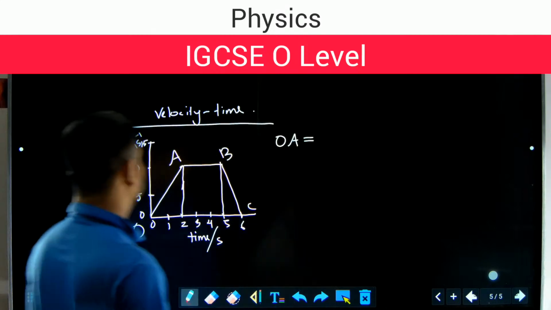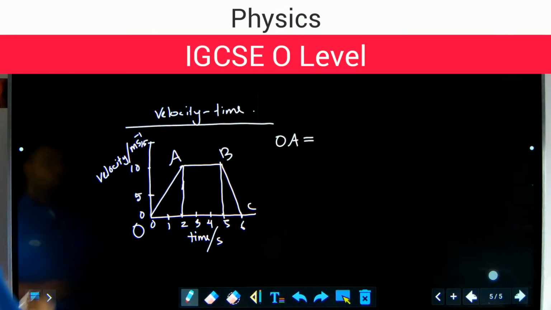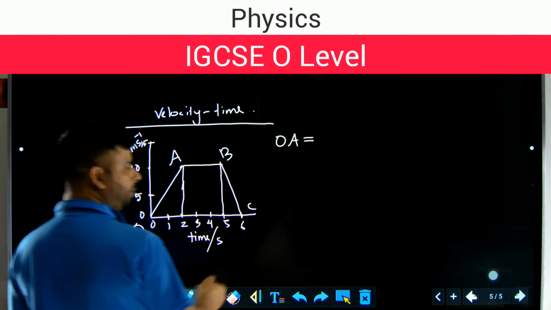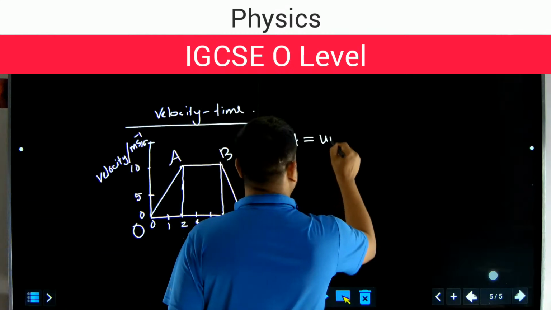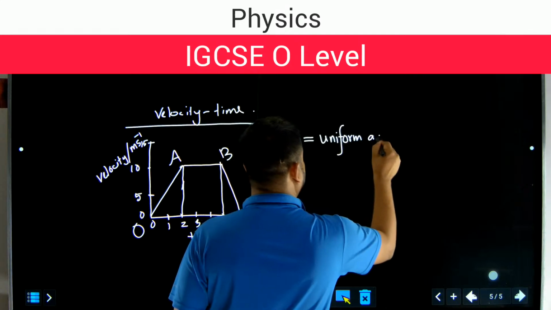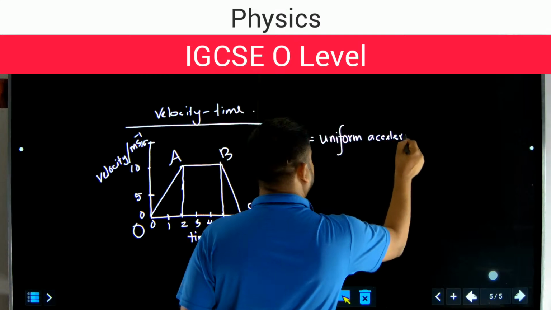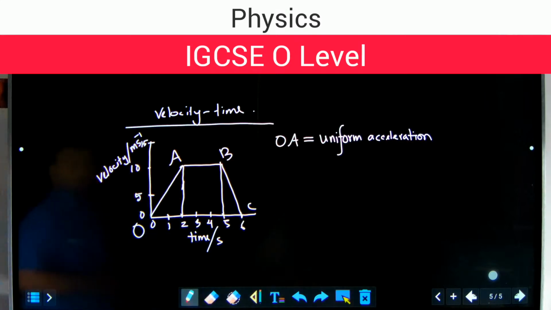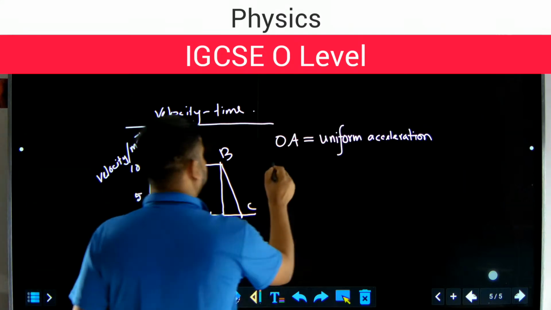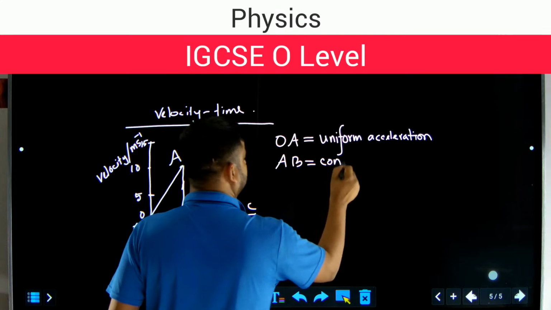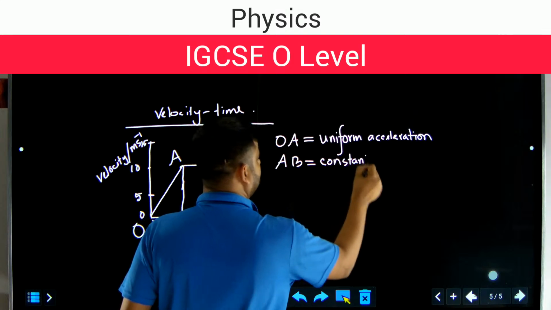So look, here OA is a steeper straight line going upward, so uniform or constant acceleration. And AB is constant velocity or uniform velocity.